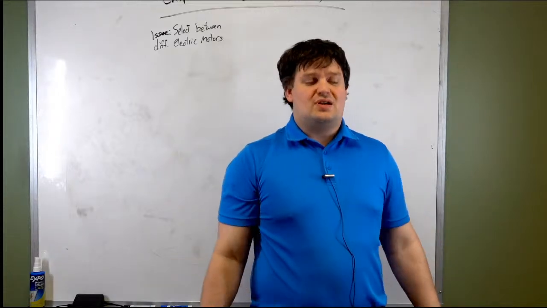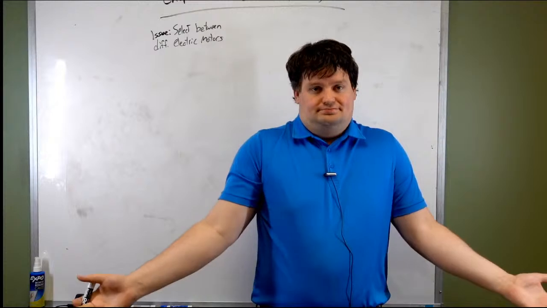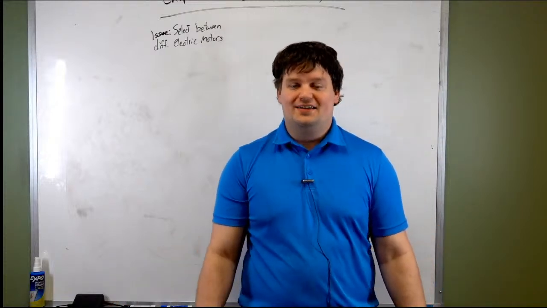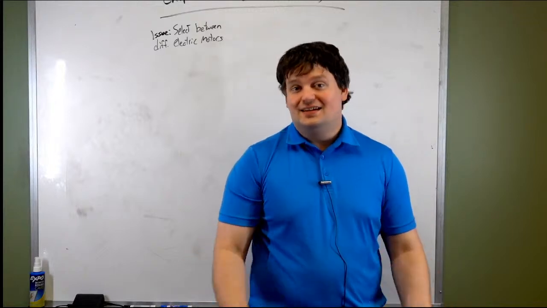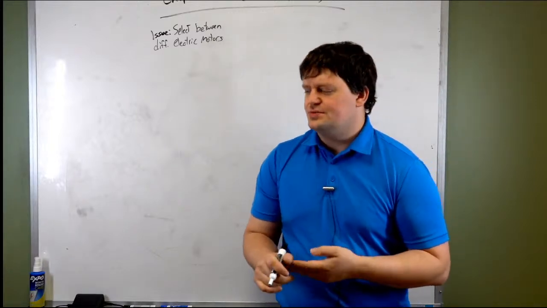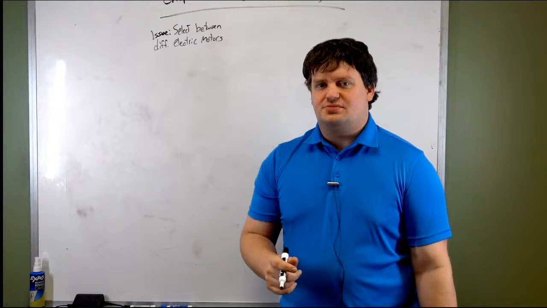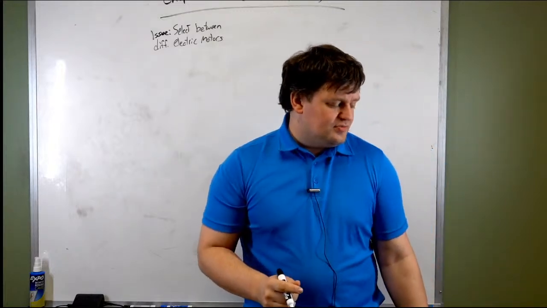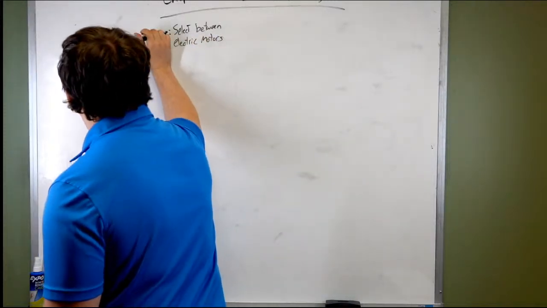I can't just grab one because it looks good. It doesn't quite work like that. There's actually a lot of design criteria that are needed in order to make a good decision here. So if my issue is that I need to select between different electric motors, that's step one of the Pugh matrix process.